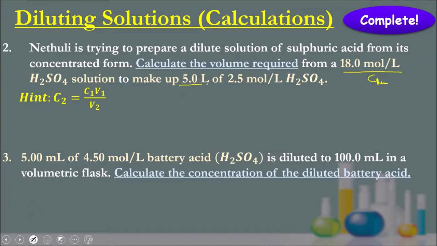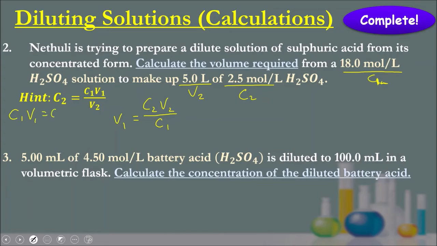We make up a concentration of 2.5, so that's C2, and that is V2. So what volume do we have? We're using the exact same formula as we used just then, so it's V1 equals C2 V2 over C1. How did I do that? Well, let me show you.